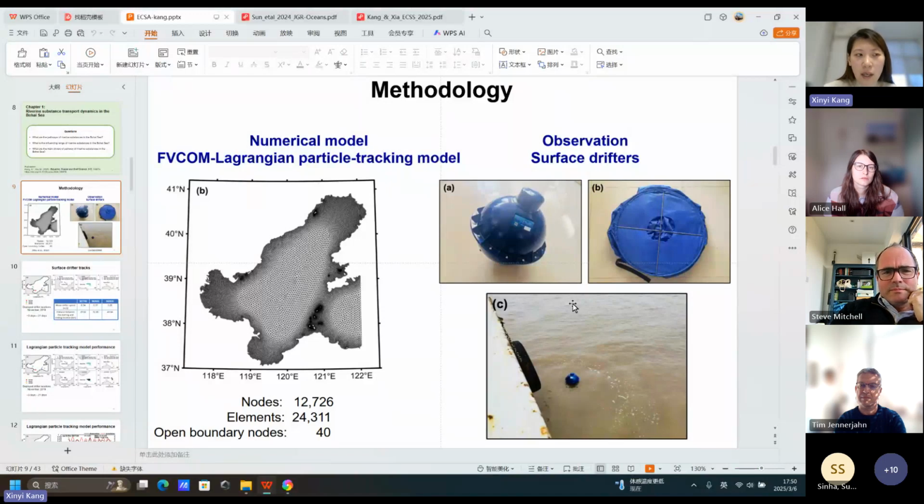Another thing we have to pay attention to in drifter deployment is the buoy, because the buoy length can affect the simulations. So you have to choose a specific length for your study. If you want to track the surface, you need a shorter one. And you also have to consider the water depths of your study areas.